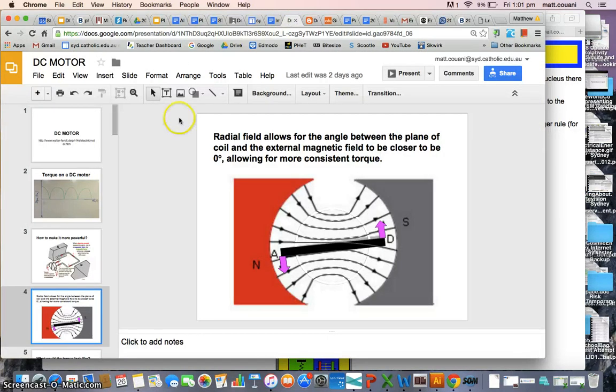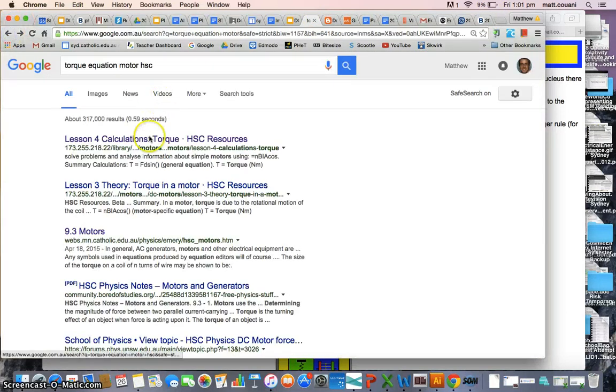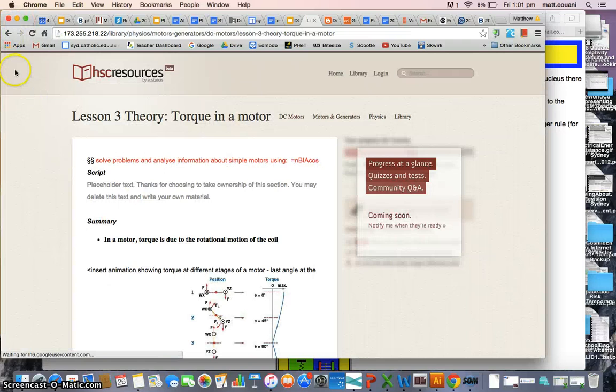When we're thinking about that equation, what we're saying is that the torque equals NBIA cos theta is largest. Okay, the angle's actually not there. Let's see if we can find a better one.